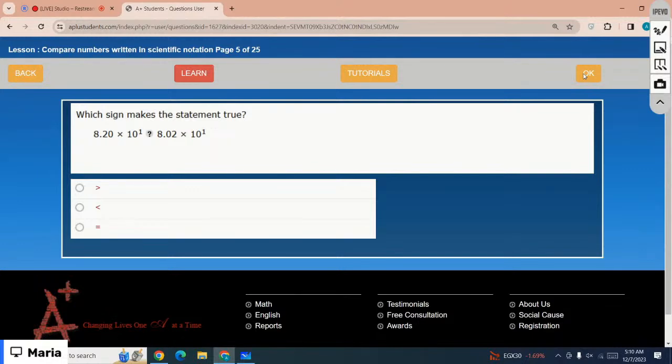Yes, the correct option is 8.20 times 10 exponent 1 is greater than 8.02 times 10 exponent 1. The correct option is greater, right? 8.20 is greater than 8.02, right?